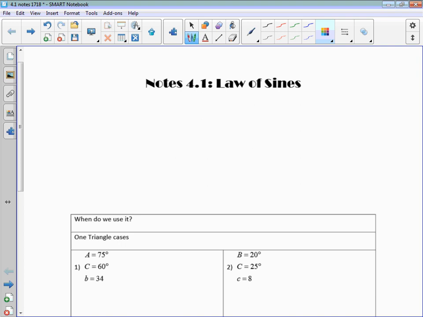There's a slightly trickier part of law of sines, so we aren't doing it all in one day. There's a few formulas you have to know in this unit, significantly less than in the last unit. So first, your law of sines. We are now looking at a triangle that does not have to be a right triangle. This works with any triangle.